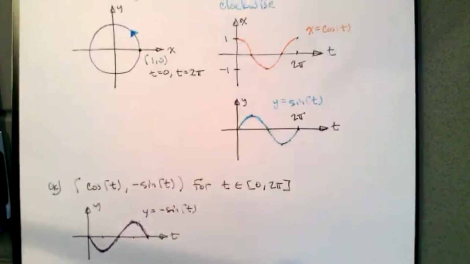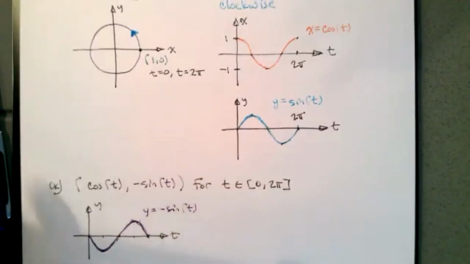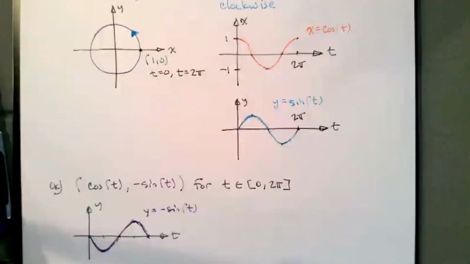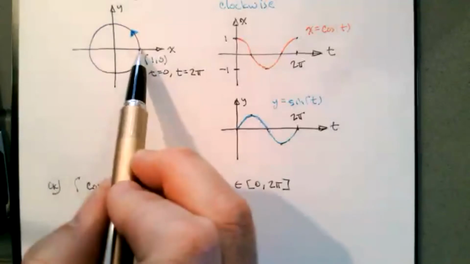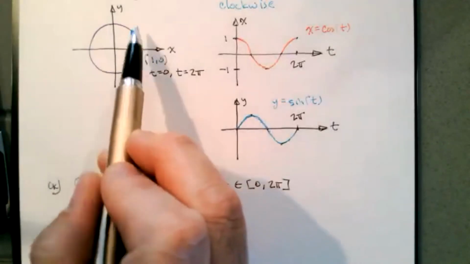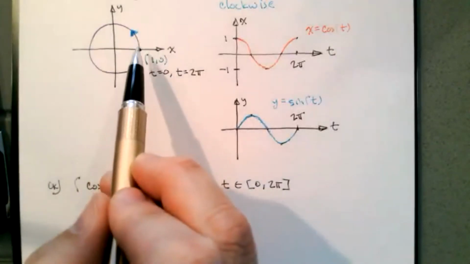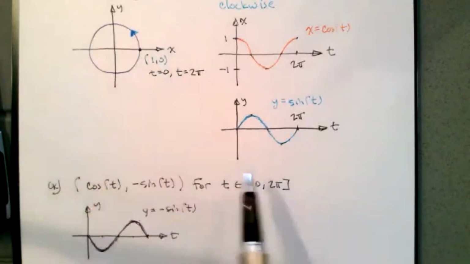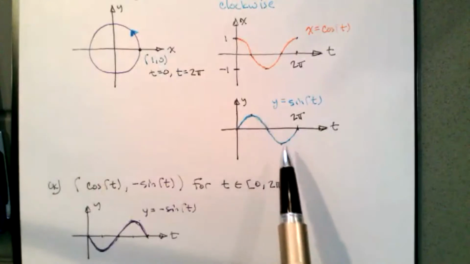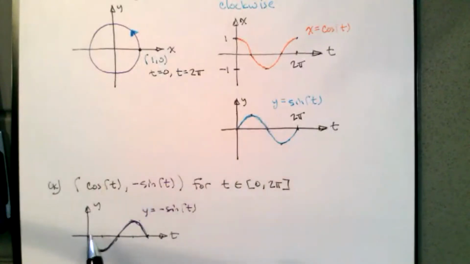So we're still going to get a circle. But where before my x went from 1 to -1 and back up to 1, and y went up, down, and then up again, now y is going to go down, up, and then down again.